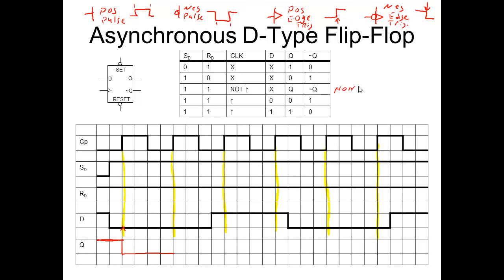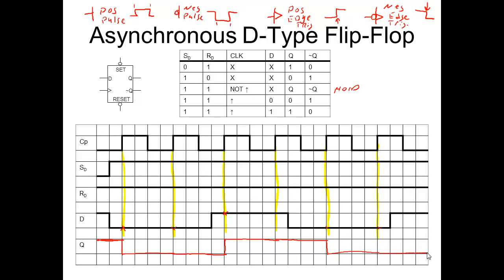This is a hold condition. Positive edge, D is low, so we're going to go low and stay low all the way over to there. Right there, D is high, so Q is going to go high. And it's going to stay high all the way over to there. D is high, so we're going to stay high. D goes low here, so we're going to go low.